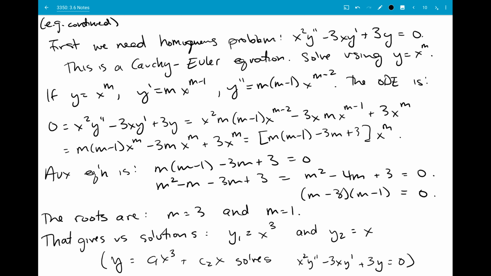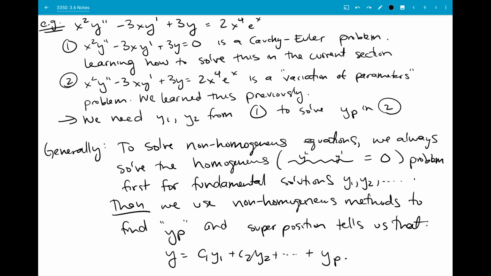But this is just one part of a longer problem. So now that we have those two solutions, we're going to go back to the non-homogeneous part and then finish out the problem. I'll do that in the next video so that this one doesn't run over. Just click on through whenever you're ready for that.